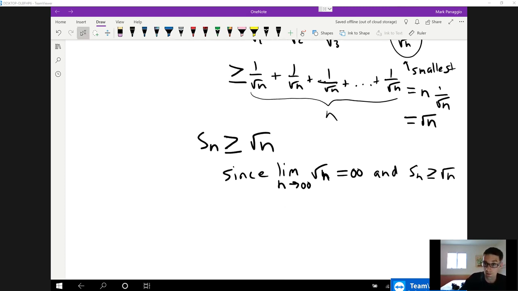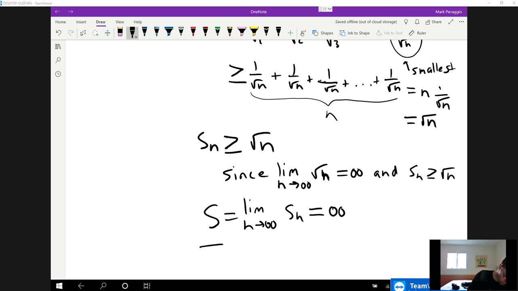You are bigger than something big, right? The partial sums are bigger than something that's already going to infinity. So we can say that the limit as n goes to infinity of S_n must also be infinity. So the series diverges.